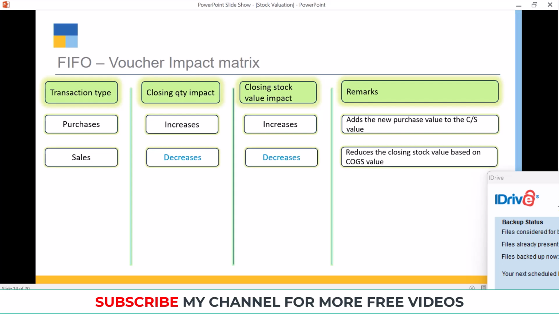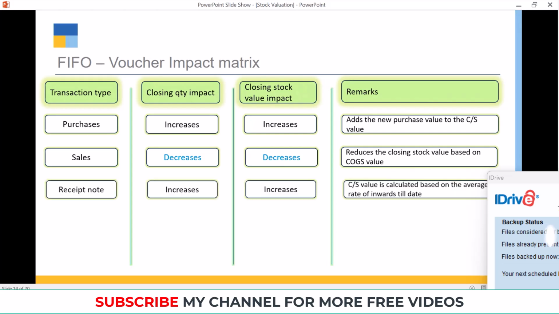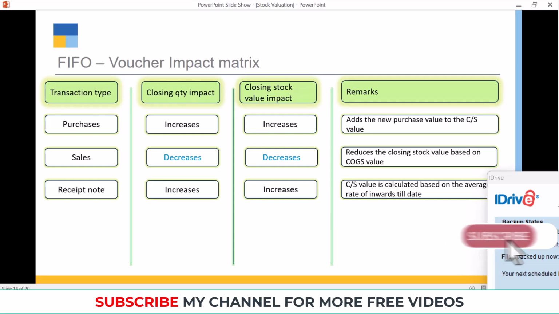Next, if you make sales, then of course it is going to decrease, which reduces the value of your closing stock. When it comes to receipt note, the value of stock is going to increase here, calculated based on the average rate.